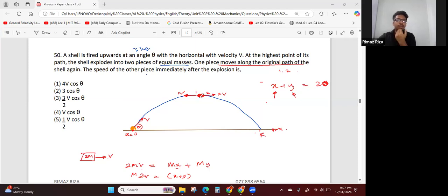That means after the explosion, one is moving backward, in the opposite direction. For example, x can be minus 5 and y can be plus 25. So again it will be 20, right? So there are infinitely many solutions, but I think this question is not complete, I guess.